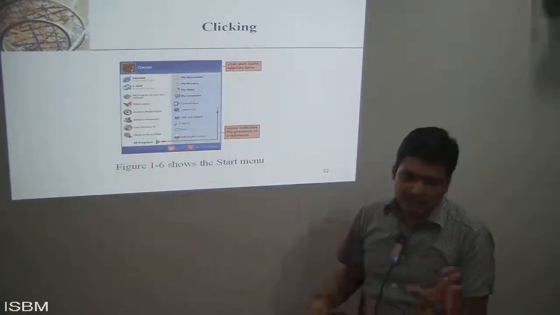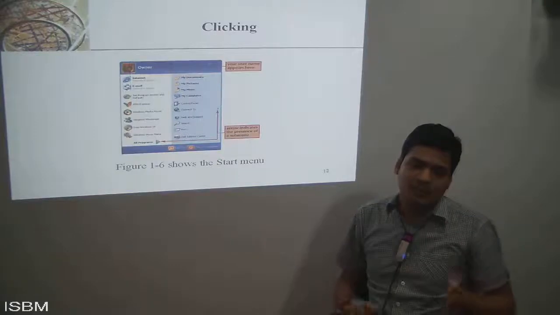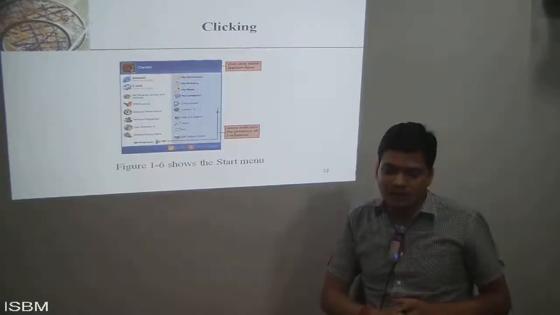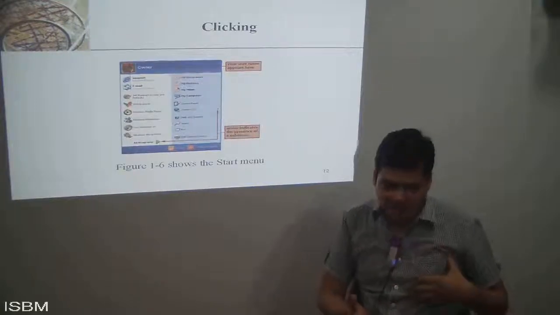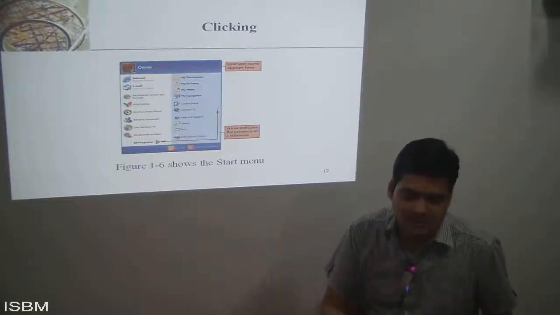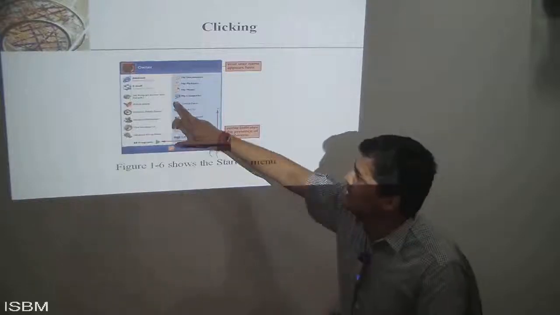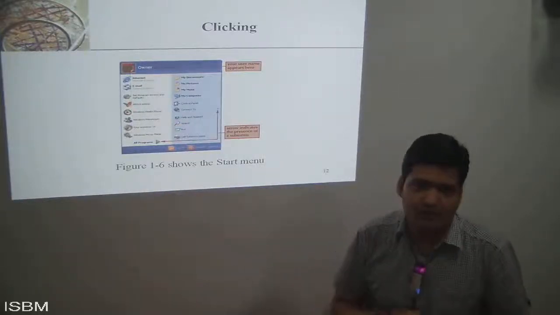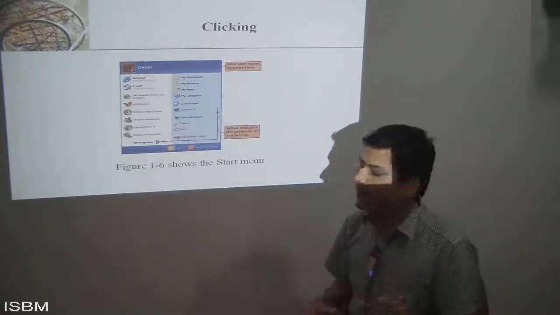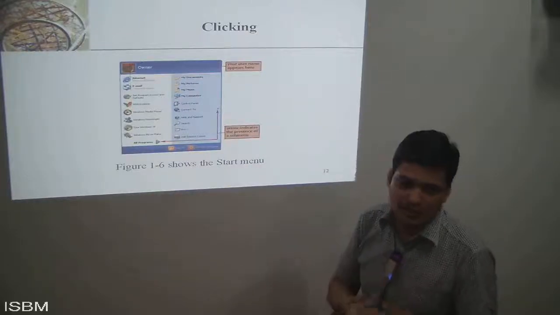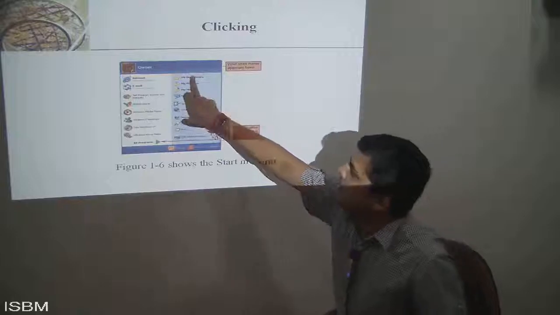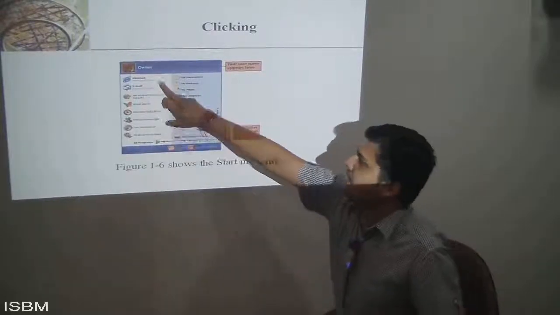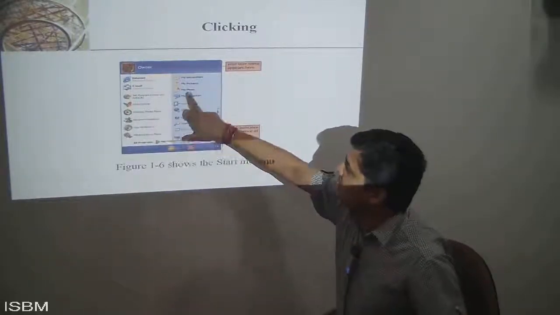Owner is nothing but a person who is using that particular system. Just like I have a computer, I am using my own Windows system, so my name comes under the owner. If in the future I want to change it, in place of owner I want to write my own name, I can write over here. There is an option, and under these are Internet Explorer, email, all these are there.